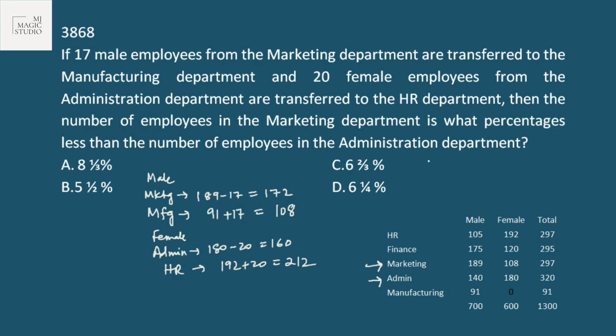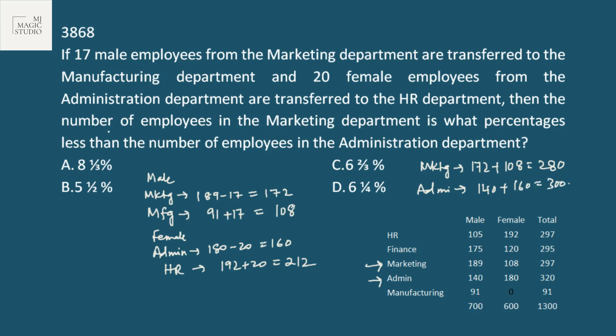Okay. Now, marketing department, what have changed? Male marketing have become 172 and female marketing remains at 108. So that is 280. And the second department they are talking about is admin. Admin male is 140 intact and admin female is 160.